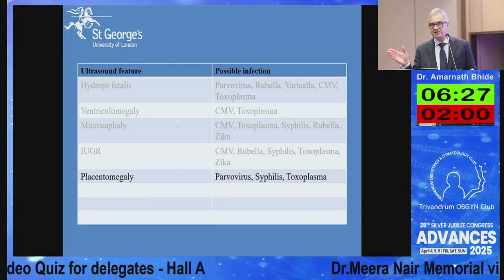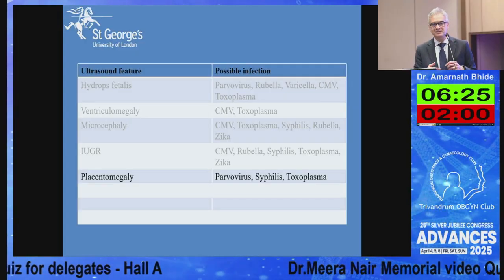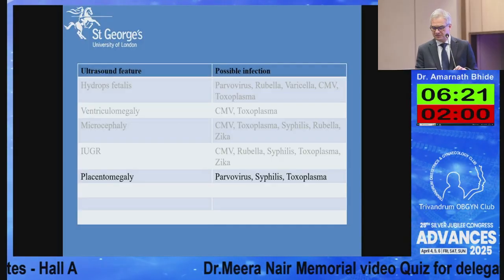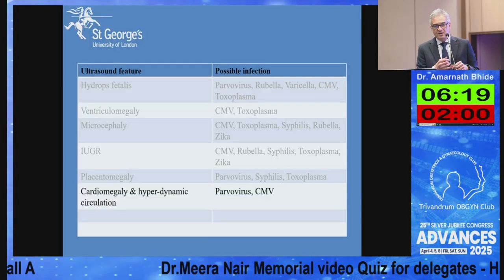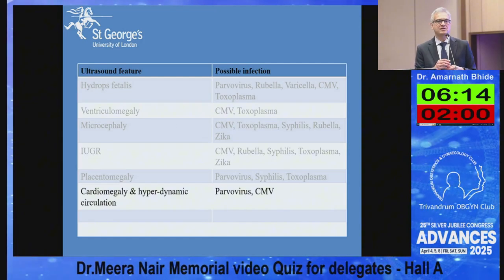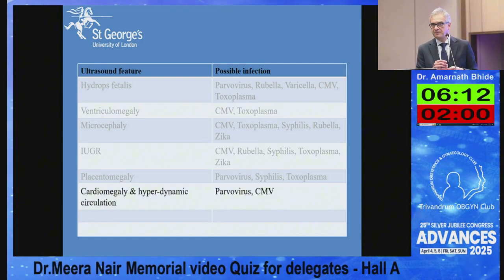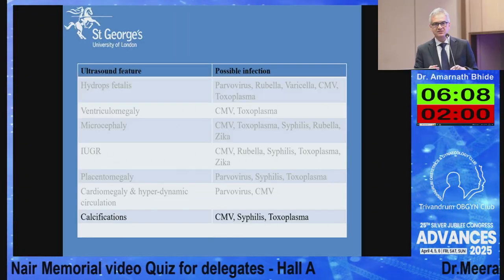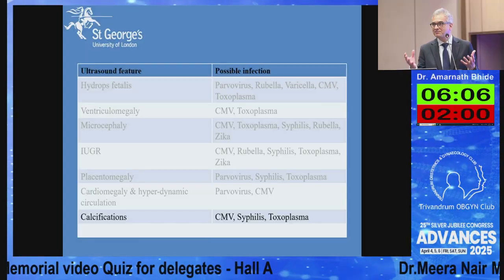Placentomegaly, many of these infections lead to large placentas as well, and we see placentomegaly in parvovirus, syphilis, and toxoplasma. Cardiomegaly and hyperdynamic circulations are typically seen in parvovirus and CMV. Calcifications, CMV, syphilis, toxoplasma.